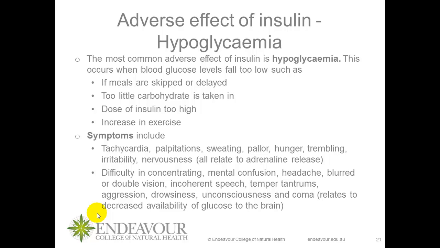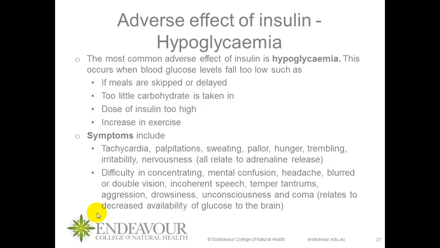They may tremble. They may be irritable and nervous. At this stage, it may require a first aider, a second person, to obtain a rapid source of glucose for them. Once again, the aim being that they have taken some insulin, you assume that they have, and that they've perhaps taken too much, and you're giving them some glucose that will bring their blood glucose levels immediately back up.